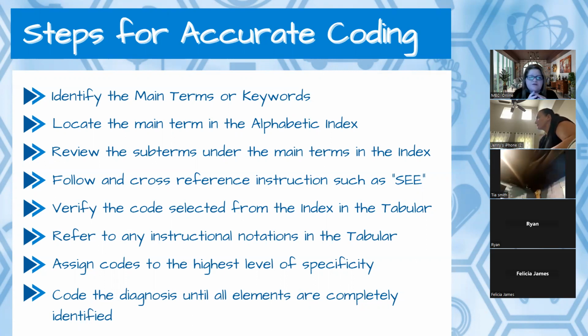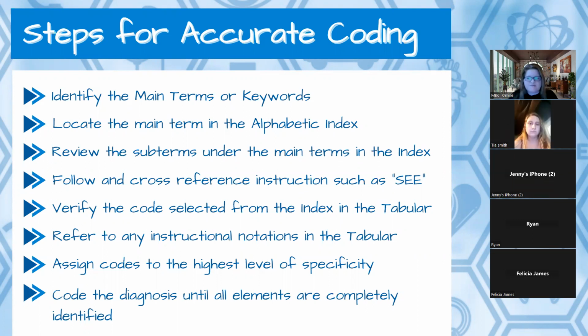Then you locate those terms in your alphabetic index, the big gray section at the front of the manual. Review the subterms under the main terms, which are the ones in red in the index. Follow any cross-reference instructions, such as see condition or see body part, or whatever those instructions may be. You've got to follow those and see where they lead you.